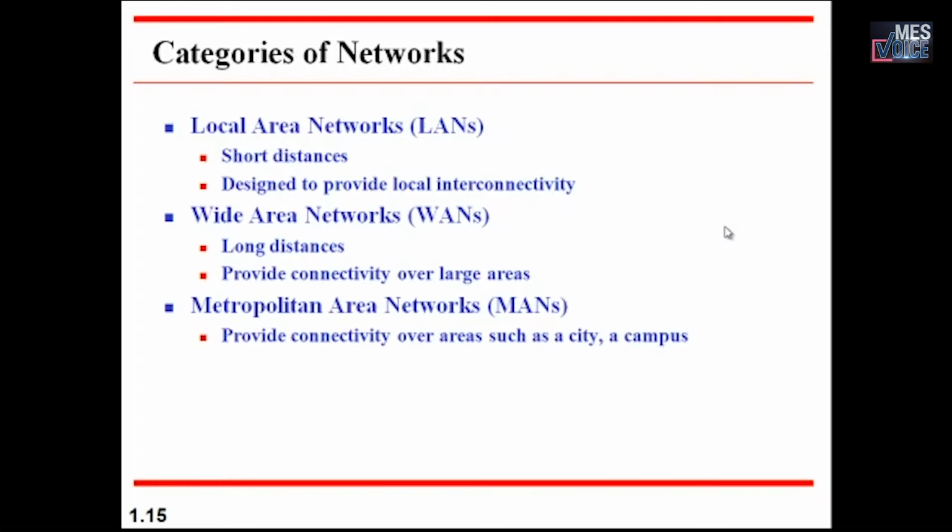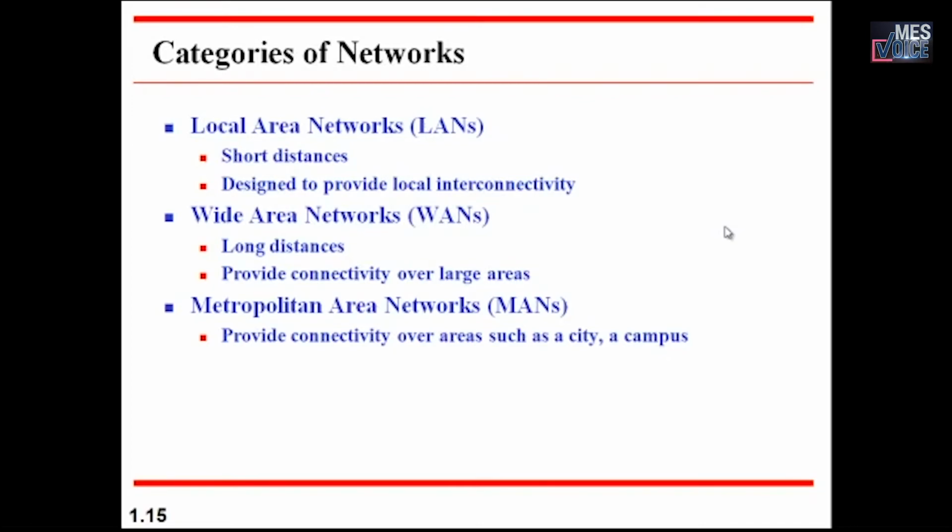Wide area network, on the other side, covers countries and continents. Internet is a classic example of a wide area network. It could consist of multiple local area networks, and it can have heterogeneous systems with different capacities, different operating systems, and different protocols.